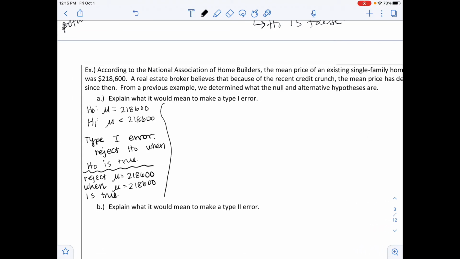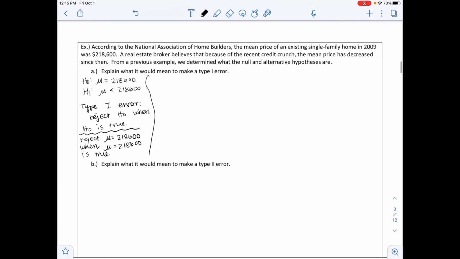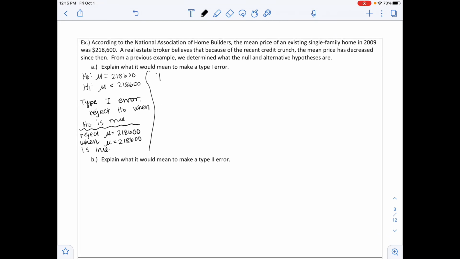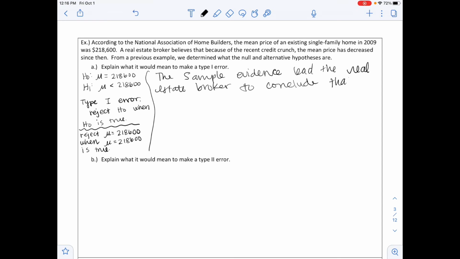Zoom back out again. And so we would say the sample evidence led the real estate agent, say broker, to conclude that the mean price of an existing single-family home has decreased.